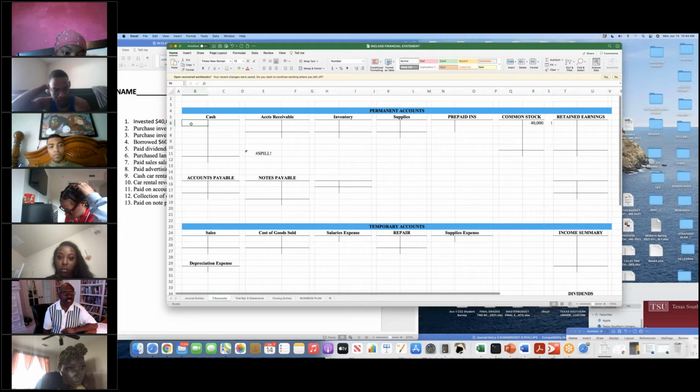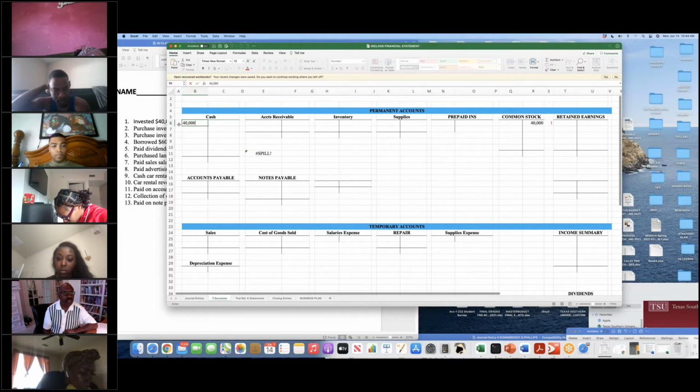Okay, so I'm going to see if I can put 40,000 in here again. Then what I'm going to try to do is go into this cell here and put the 1 in, and I'll put it in red.